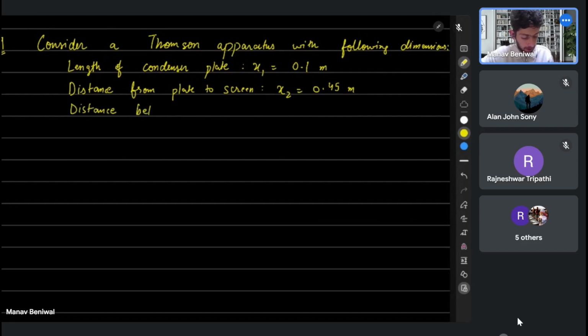Distance between the plates, that is d, is 0.03 meters. Voltage applied, V, is 1500 volts.